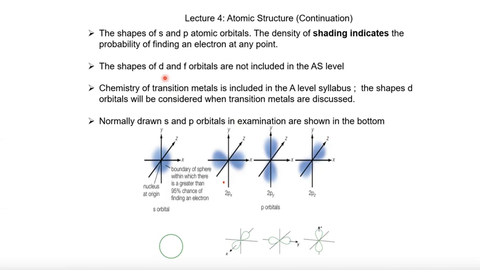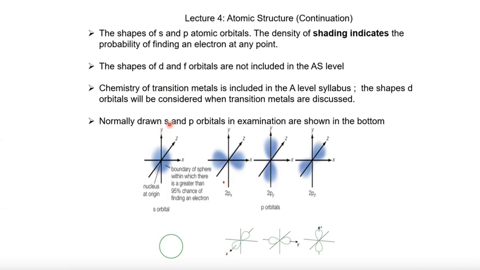In AS level, only the shapes of the s and p orbitals are taken into account, but the shapes of d and f orbitals are not included in AS level. When we talk about chemistry of transition metals, which is included in the A level only, the shapes of d orbitals will be considered at that time.